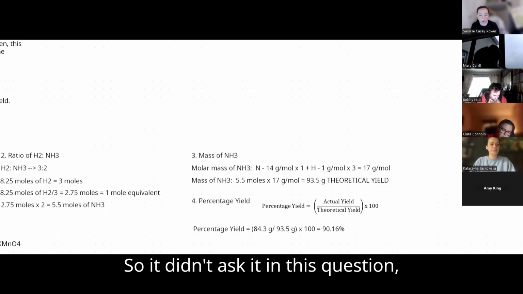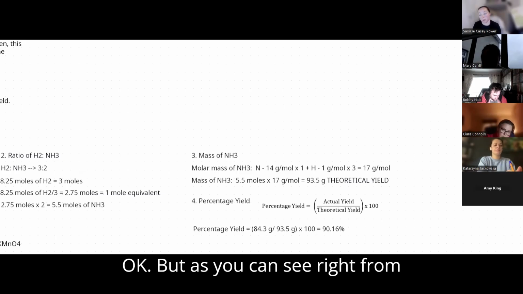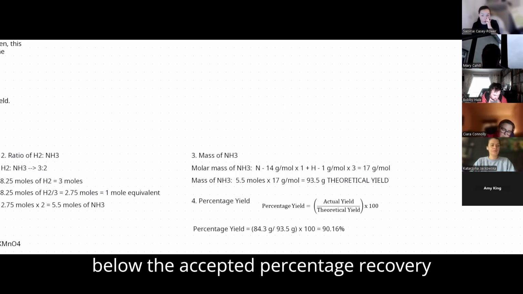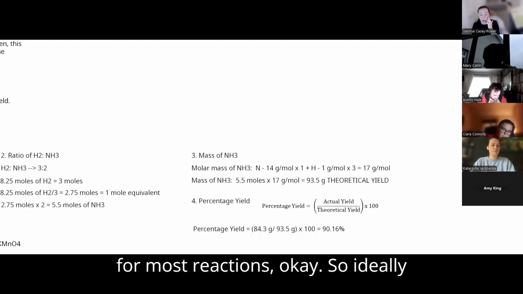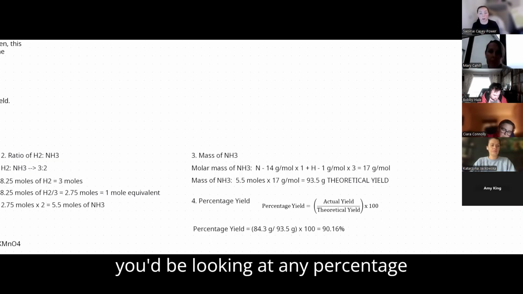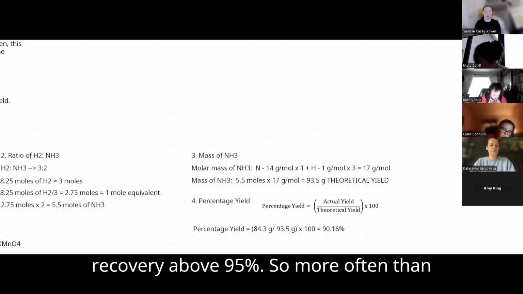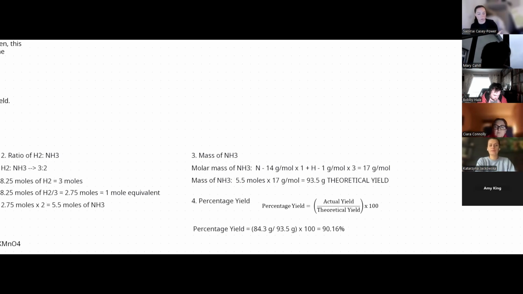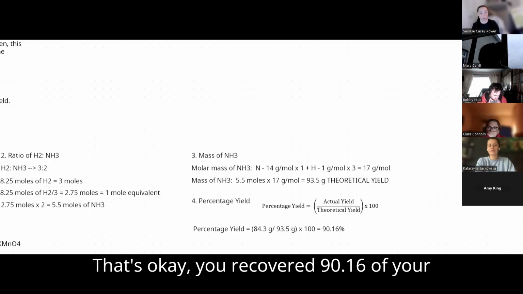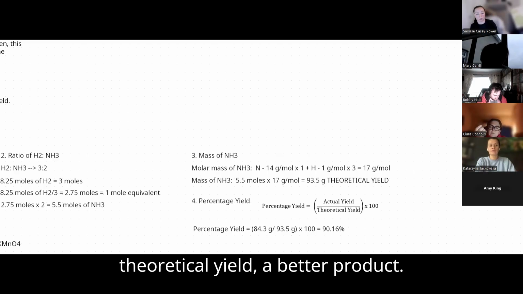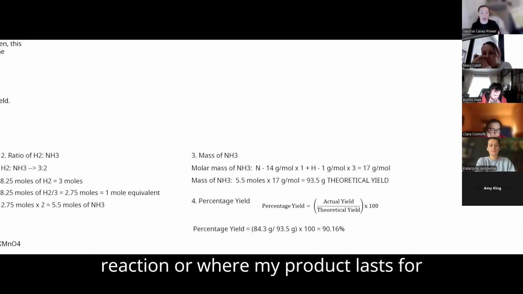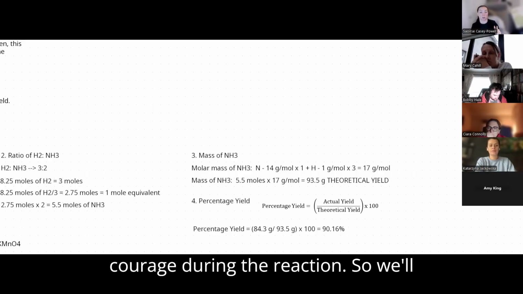It didn't ask it in this question, but as you can see from what I've said before, that 90.16 is below the accepted percentage recovery for most reactions. Ideally, you'd be looking at any percentage recovery above 95%. More often than not, they follow up in the exam question: you recovered 90.16 of your theoretical yield of your product, what might have gone wrong during the reaction, or where might product loss have occurred?